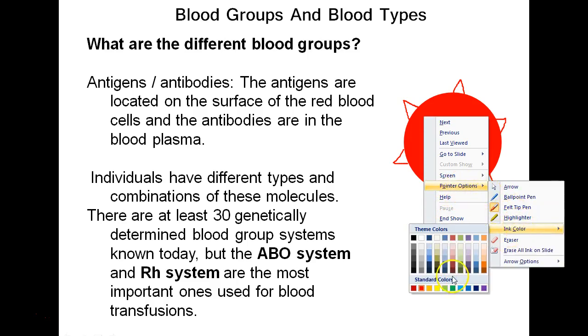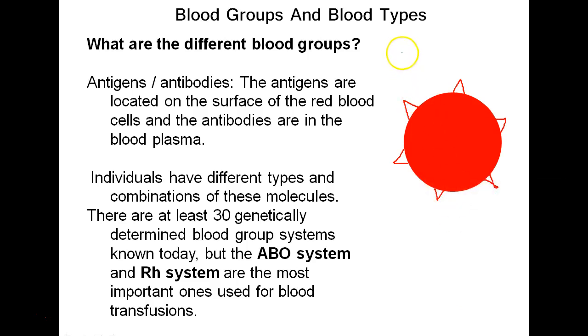Another term we should familiarize ourselves with is antibodies. Antibodies are not on the red blood cell. More accurately, I should say, they are floating in the plasma, the blood plasma. So these antibodies are not naturally found on the red blood cell itself.